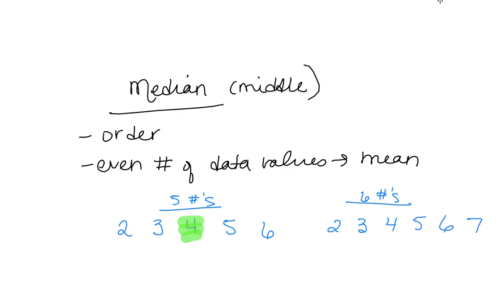So my median is going to be the average between those 2 because I have 2 to the left, 2 to the right. And so my median would be, add those up, divide by 2. That's how you find the average. Add them, divide by the numbers that you have. 9 divided by 2 would be 4.5. So the median of this data set would be 4.5.